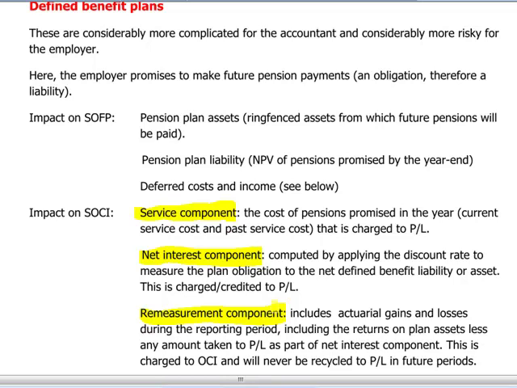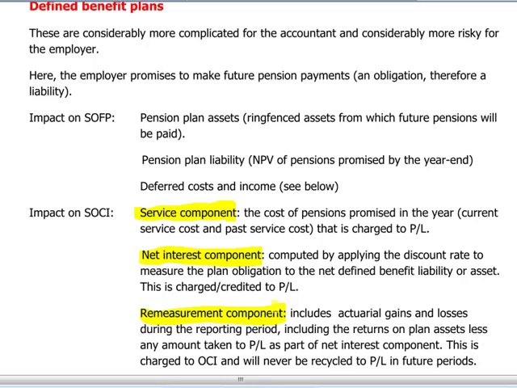The net interest component is computed by applying the discount rate that we use to measure the plan obligation to the net defined benefit liability or asset, and this is charged or credited directly to P&L, depending on whether it relates to assets or liabilities. The remeasurement component includes the actuarial gains and losses that occur during the accounting period, including the return on the plan assets less any amount taken to P&L as part of the net interest component.